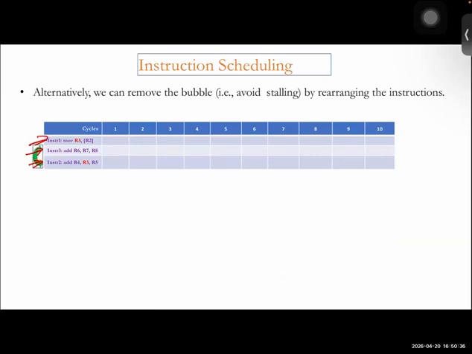So now see the difference here in the execution by reordering. Instruction 1 enters into the pipeline in the first cycle. At the second cycle, 2 instructions will be there in the pipe: instruction 1, that is in the instruction decode stage, and instruction 3 allowed inside the pipe, not 2.